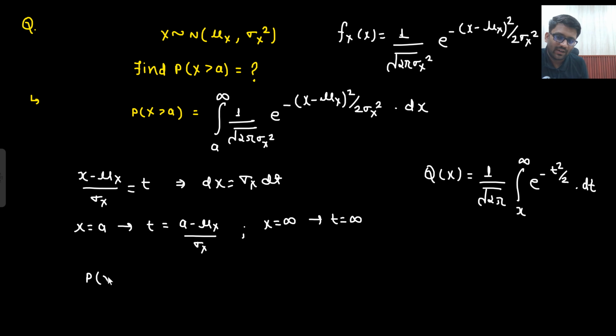So probability of random variable x taking value greater than a would be equal to 1 upon under root 2 pi sigma x square e to the power minus t square by 2 dt, since x minus mu x by sigma x is t.